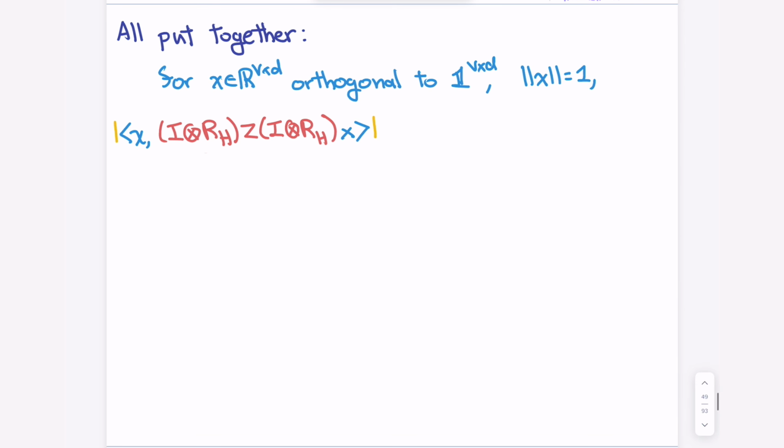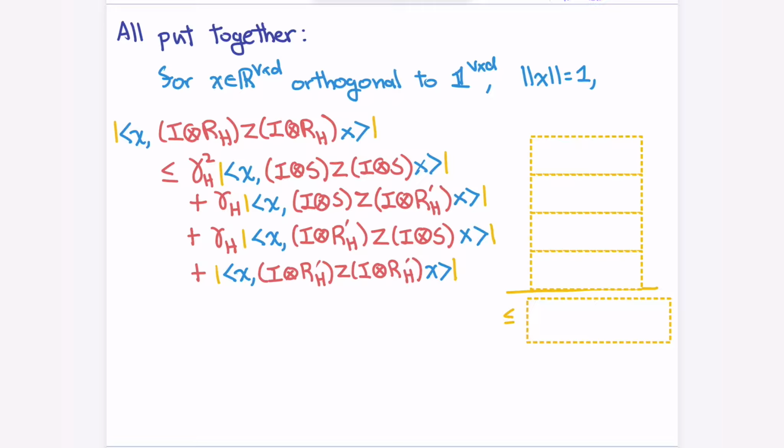Okay, so let's put everything together. Again, the stationary distribution is just a uniform distribution, so the first eigenvector is the all ones vector, or something scaled. Let's look at any vector x that's orthogonal to that, and we can of course break this down as something like this. Well, this is just a memory game. Anyone remember what the first term was? This was the gamma H squared.